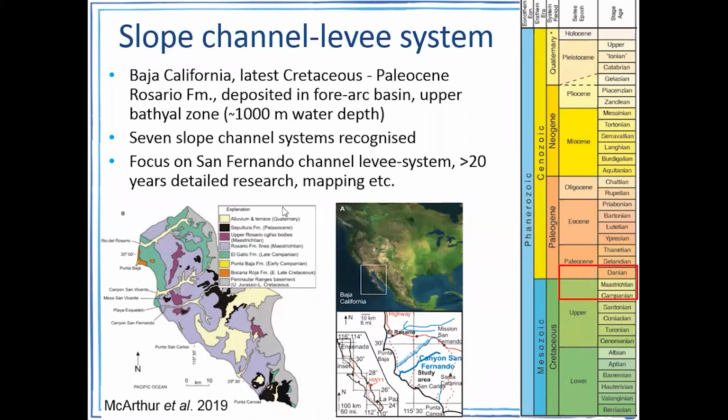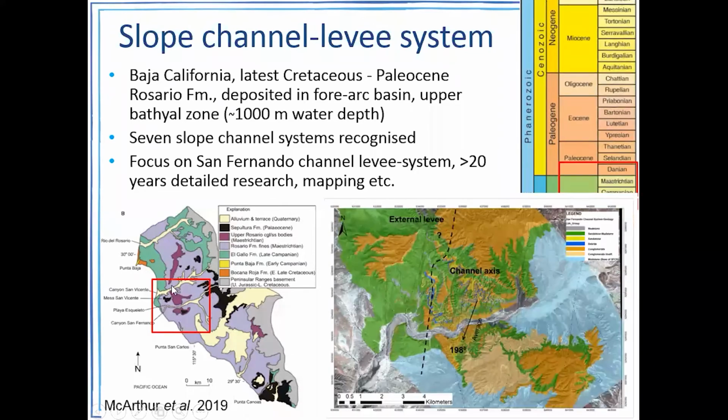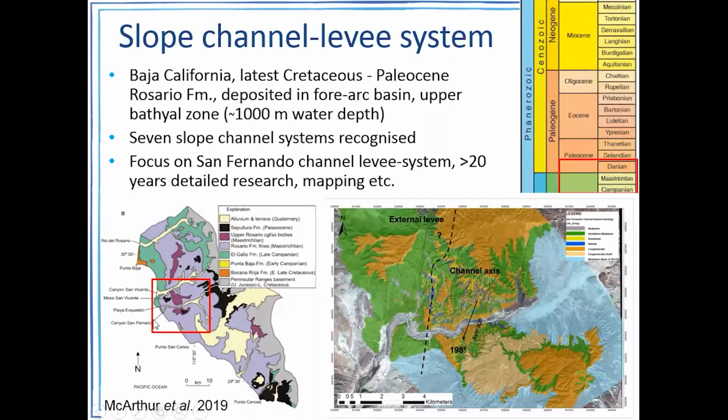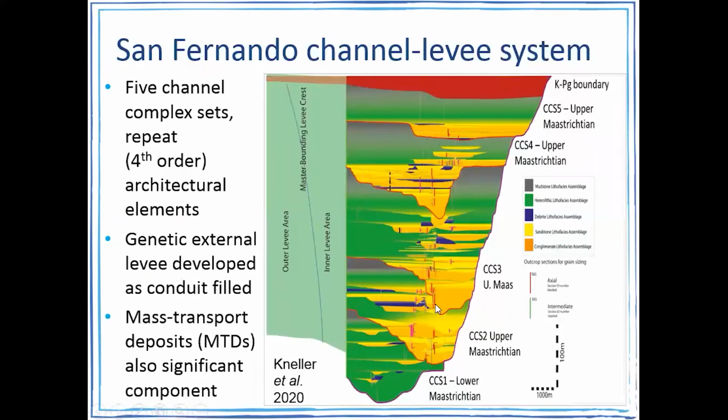Although a range of channel-levee systems have been recognized along this margin, here we're going to focus on one of those, the San Fernando channel-levee system, which, particularly with one of the co-authors on this work, Ben Kneller, and his group, we have more than 20 years of detailed research and high-resolution mapping of the stratigraphic architecture, to give us confidence in the constraint of the depositional environments.